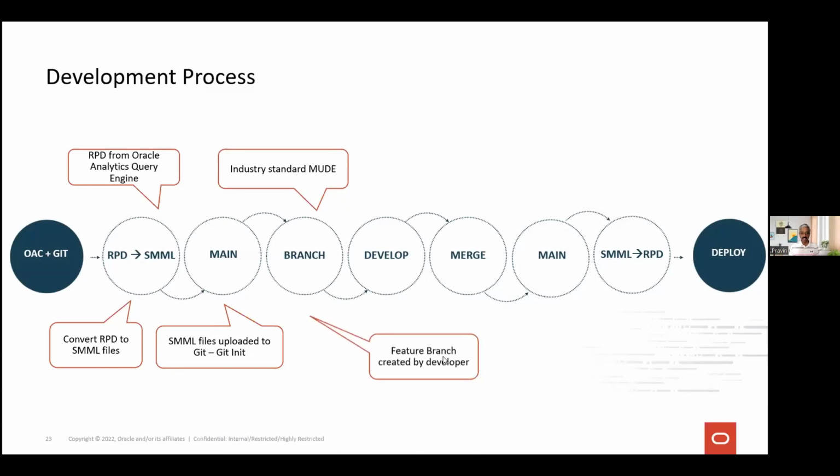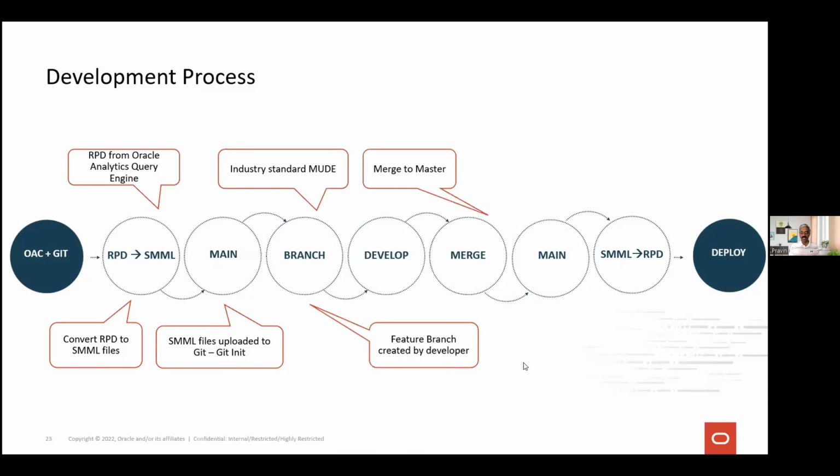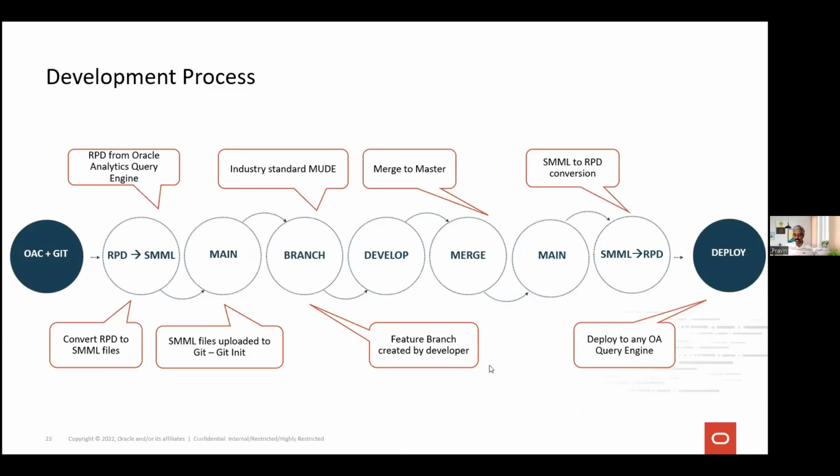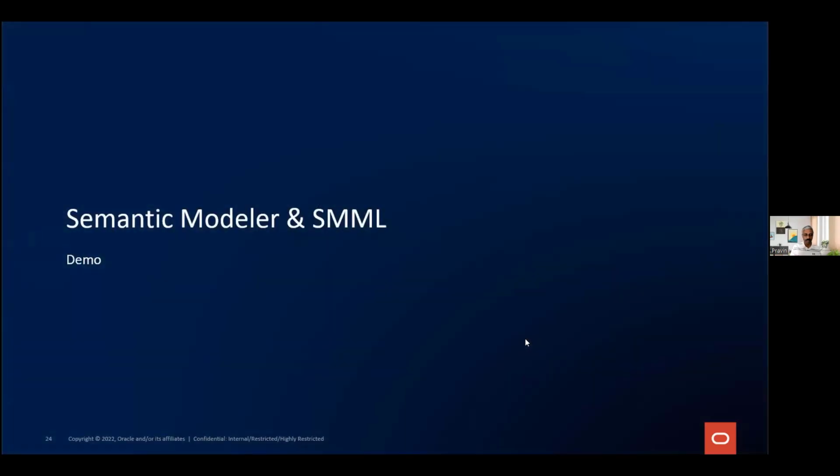It's a typical Git development process, and then you merge your changes to main. When it comes to deployment, all these SMML files get converted to RPD and then deployed to the Analytics server. Okay, let's look at the demo.